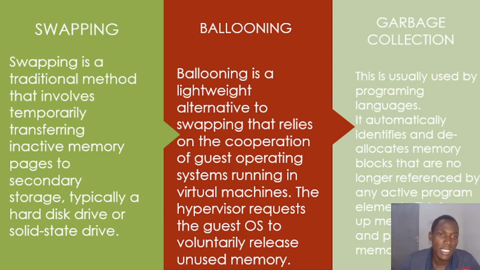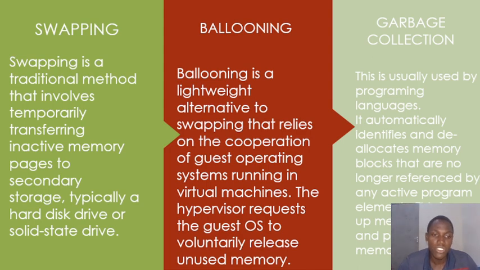So swapping is a traditional method and it involves temporarily transferring inactive memory pages to secondary storage, typically a hard disk or solid state drive. But swapping can lead to performance slowdowns. Literally, swapping involves transferring inactive memory pages to a secondary storage.